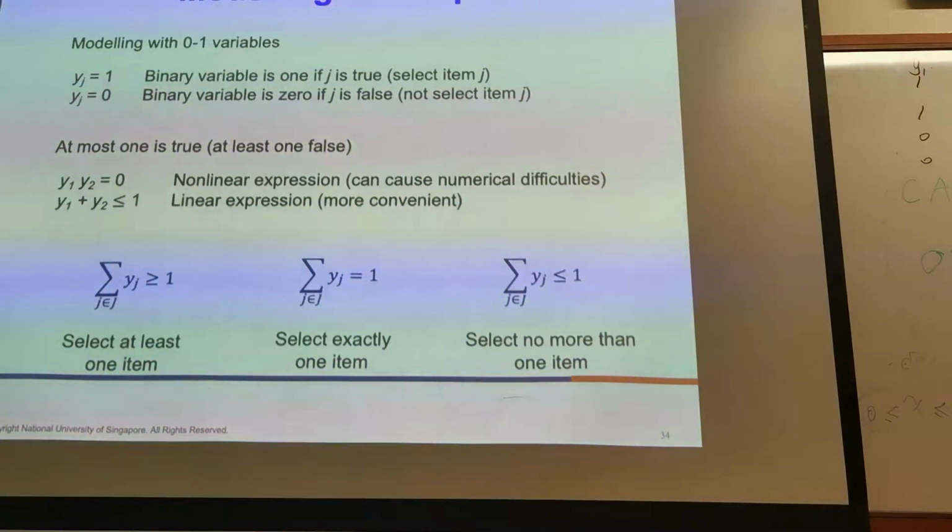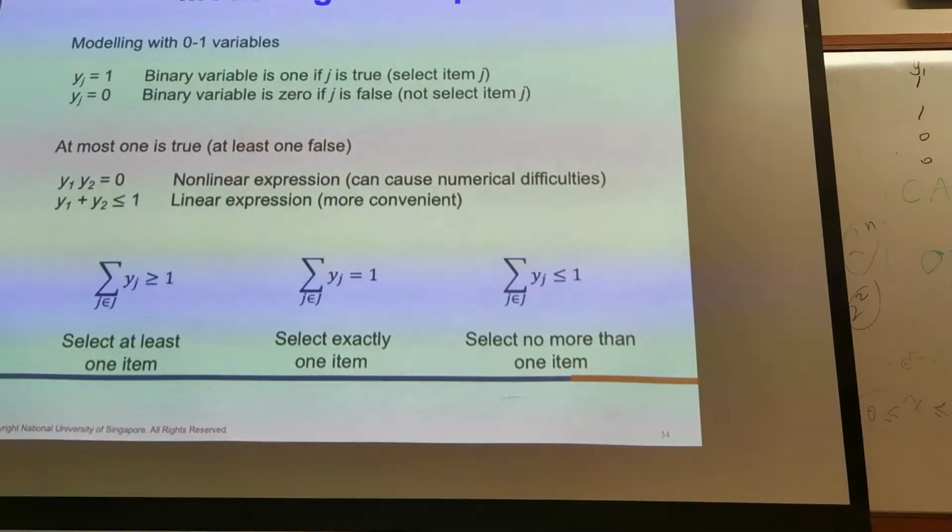Right, so this is logic. Because I only have 2, I can just enumerate all the options. I have these two options, right? At most 1 is true means I can have y1 true or y2 true, or both false.